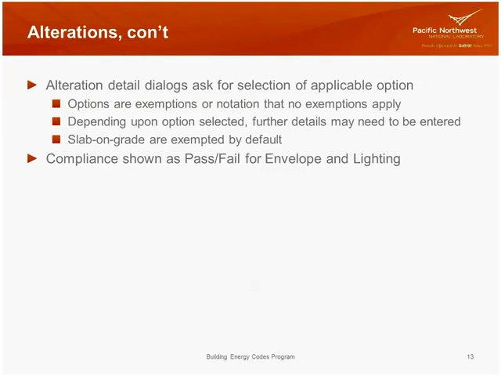With alterations, it's completely different. With new construction and addition, you're going to get a percentage pass or fail, an overall compliance result. With alterations, it's a strict pass or fail because each individual assembly on the envelope side has to either meet or not meet, and if it doesn't meet, then you've got to figure out how you're going to get that assembly to meet code. Lighting, the same thing. It's a pass or fail for that space that you're dealing with. So you don't have trade-offs really to speak of when it comes to alterations.